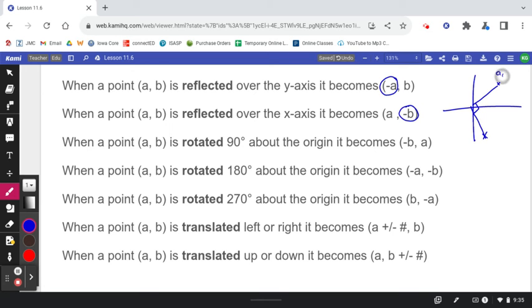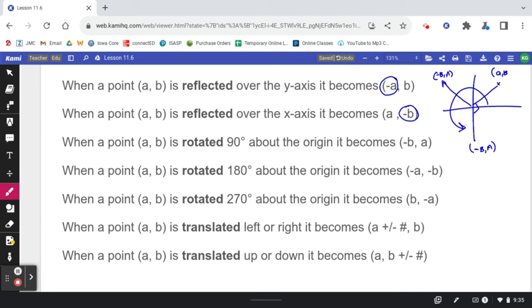So if this was a comma b, whatever the numbers are, this is going to be negative b comma a. I went the wrong way. 90 degrees. Sorry, this way. There. Negative b comma a. I forget, when we rotate it, we go counterclockwise, not clockwise.